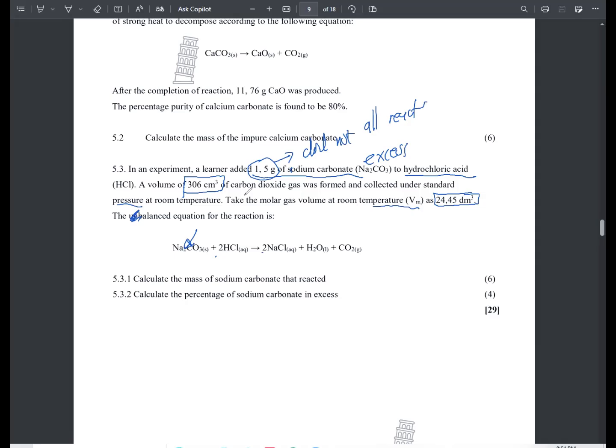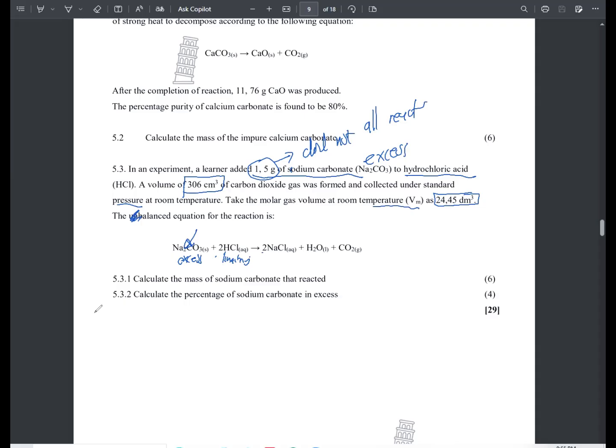A product is a result of the limiting reagent. The maximum amount of product that will be produced is determined by the limiting reagent. So if this one is in excess, this one is the limiting, and this limiting reagent is responsible for producing that much of the carbon dioxide.